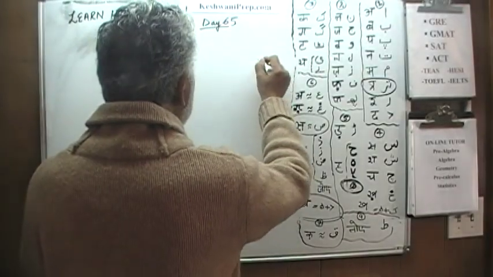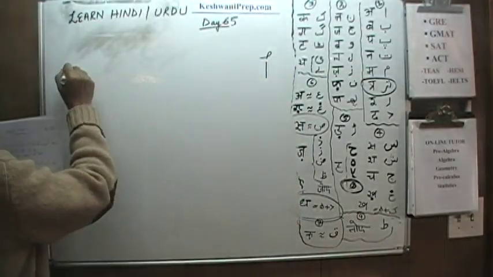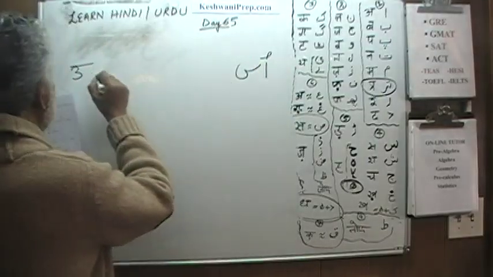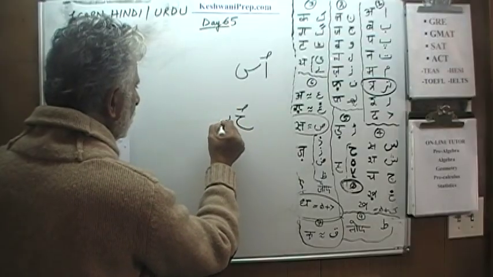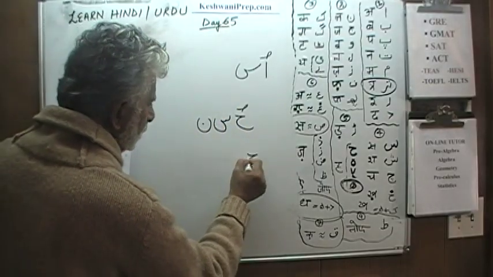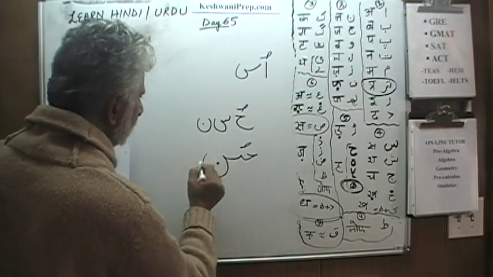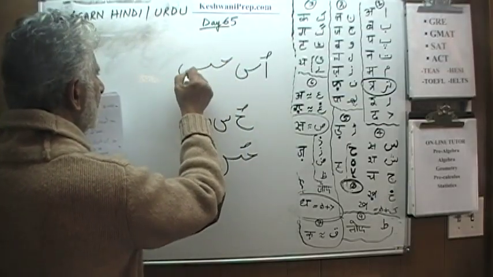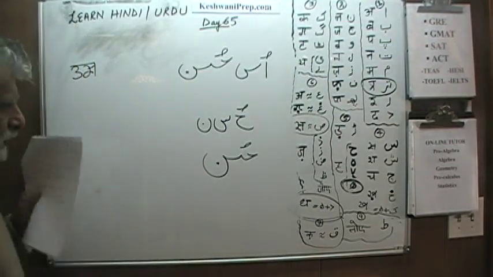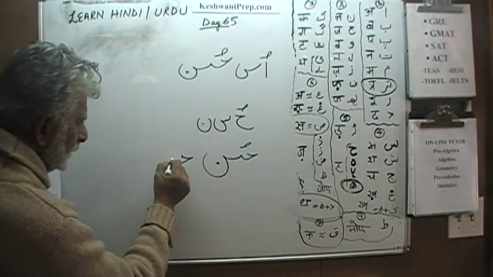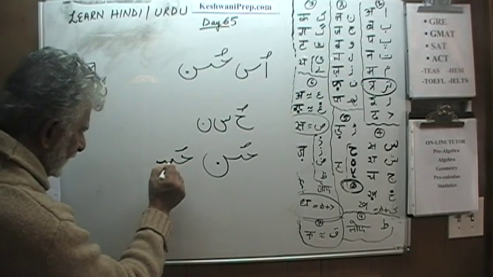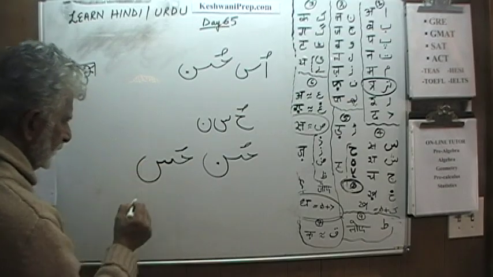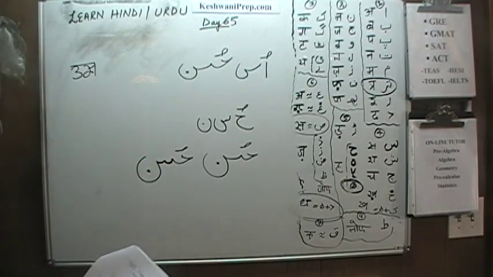Us husn. You can write it like this, or you can write it like this. H, hu, and then put two dots, two loops for the sa. That's the sa. And then you have to join it with the sa.